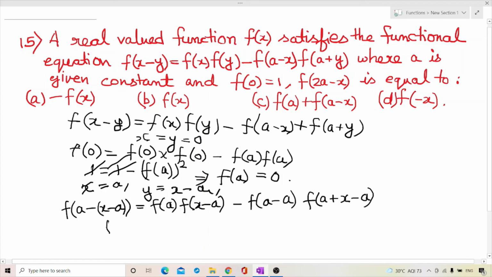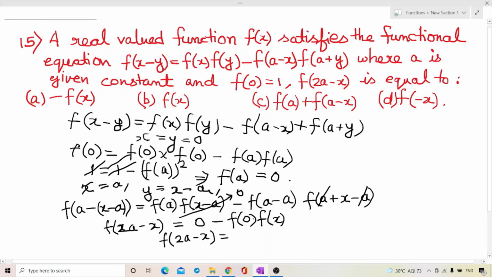So this becomes f(2a minus x), and f(a) is 0, so this part becomes 0, and this becomes f(a minus a), which is f(0), and this becomes f(x), because a here and a here get cancelled out. So f(2a minus x) becomes, f(0) is 1, so this becomes minus f(x). Hence option A is correct.